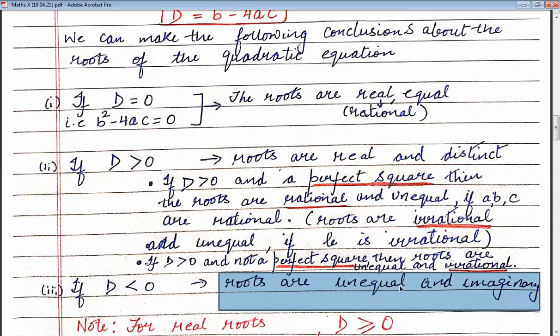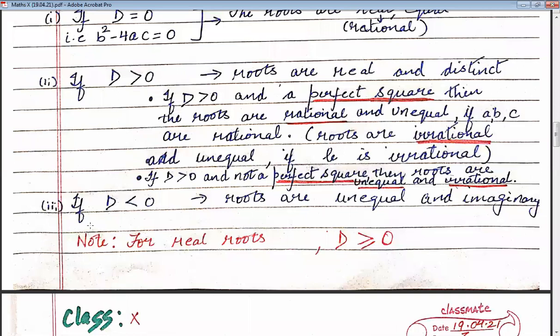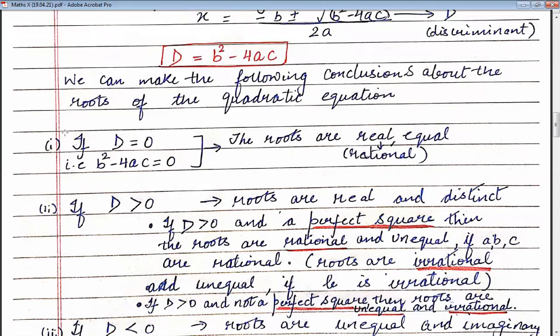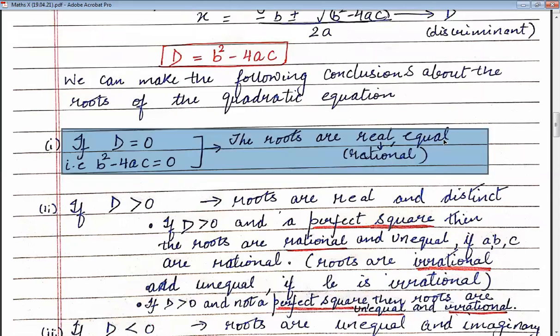But children, in your class, we are not dealing with imaginary numbers. We are just dealing with the real roots. So now children, can you recall in which two cases you will be having real roots? When your discriminant is greater than or equal to 0. When it is equal to 0, then the roots are real and equal.